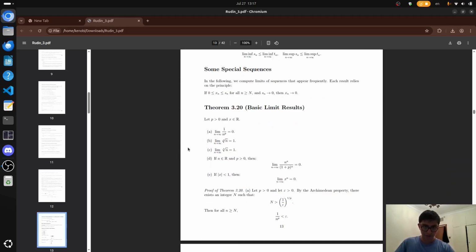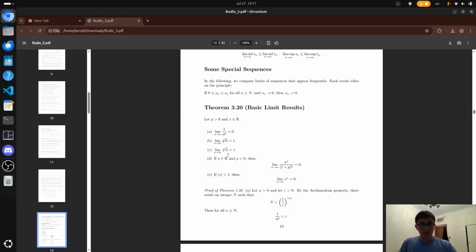Now we proved some basic convergence of sequences. The limit as n goes to infinity of 1 over n to the p equals 0. The limit as n goes to infinity of the nth root of p, not p root of n, is equal to 1.